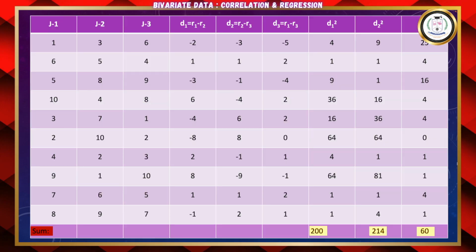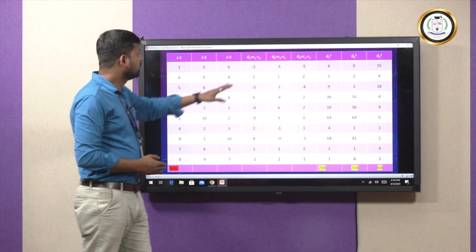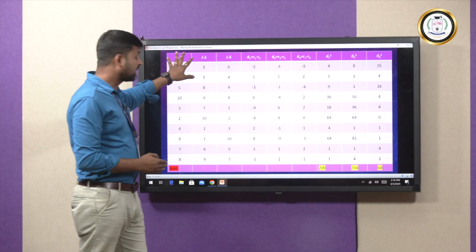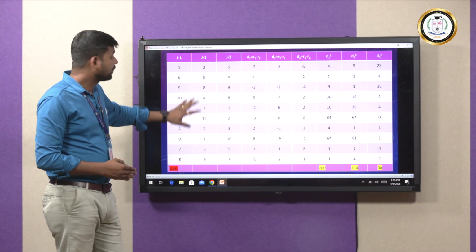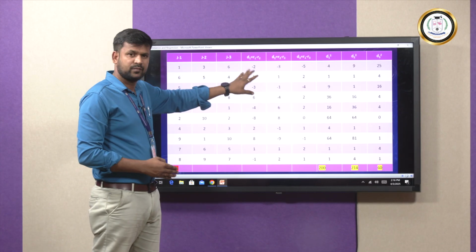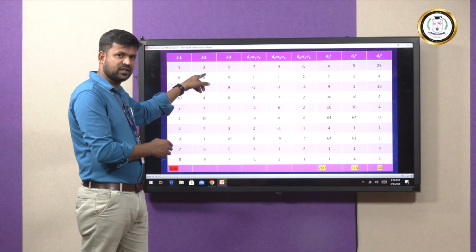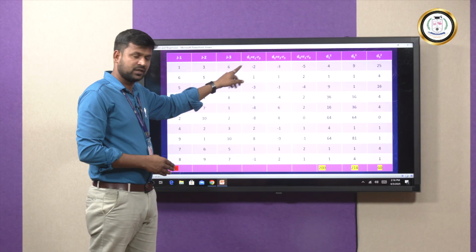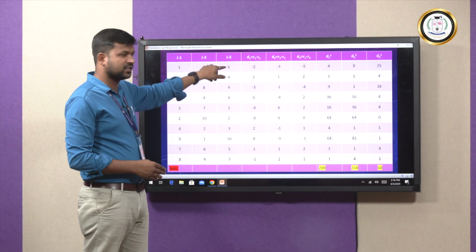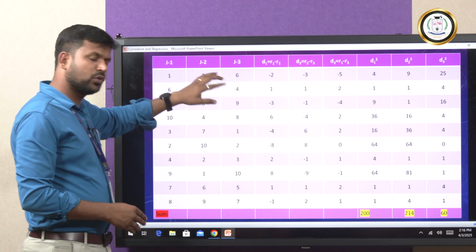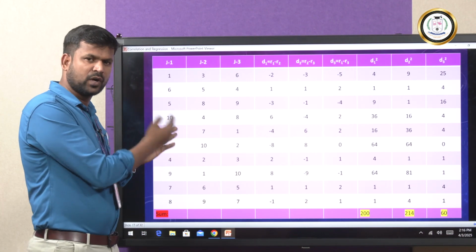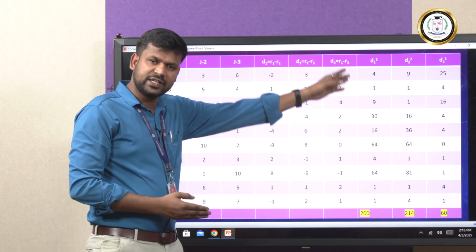Let's see the calculation. Look at the table for judge 1, judge 2, judge 3, you can take X, Y, Z also, that's not a problem. We need to find the rank, already given as I told. So find D1, the deviation of first and second, D2 deviation of second and third, and D3 deviation of first and third. D1 you know what to do, subtract one from another, D2 also same, D3 also same.